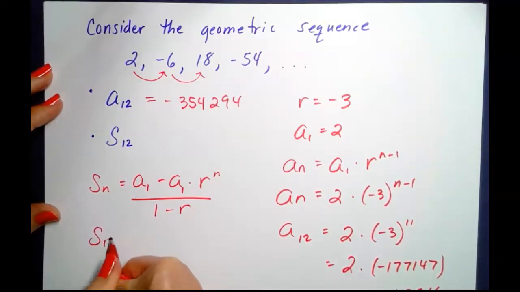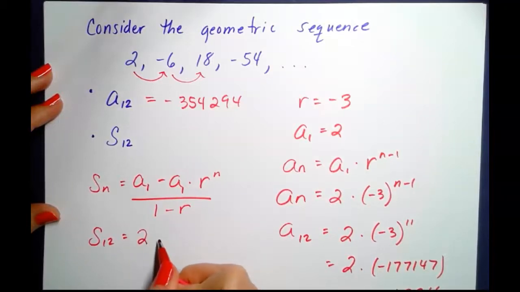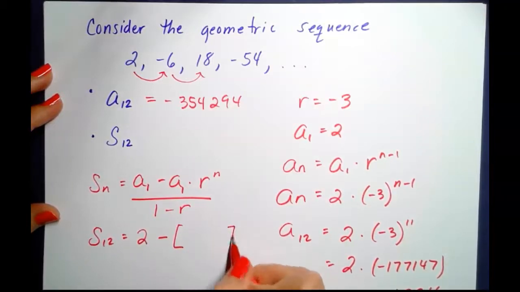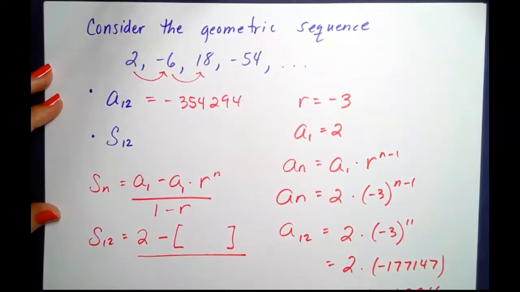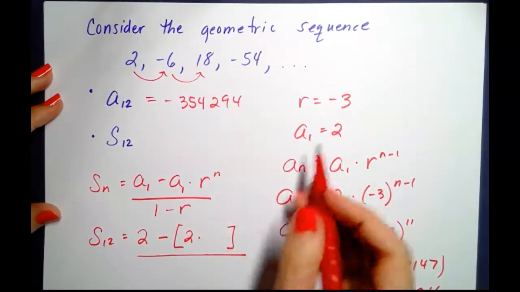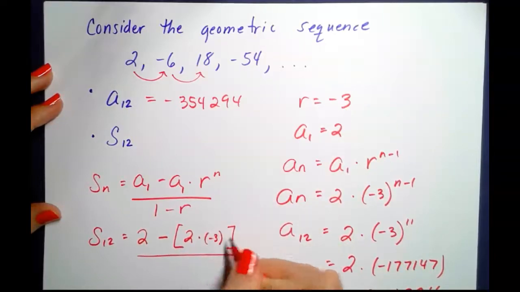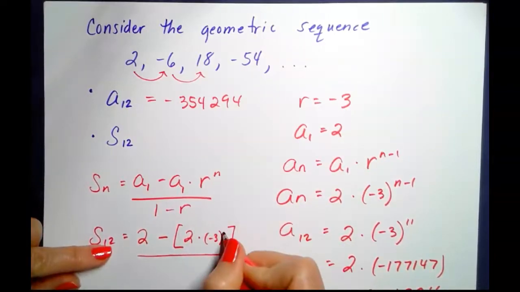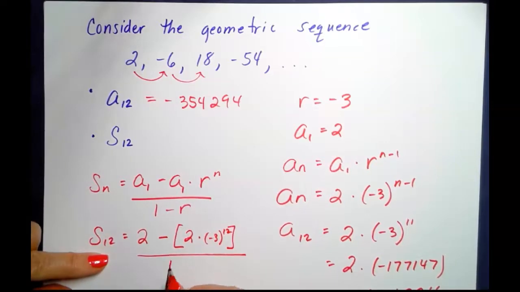So S sub 12 is going to be a sub 1, which is 2, minus, and I'll put this in brackets just to protect it, 2 times r, which of course is -3, raised to the 12th, over 1 minus r.